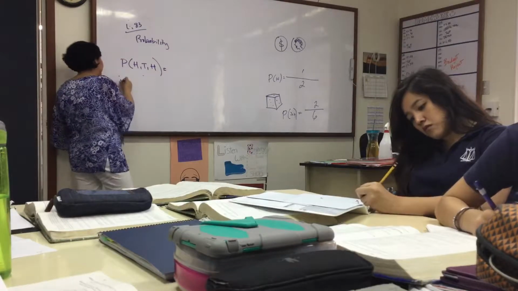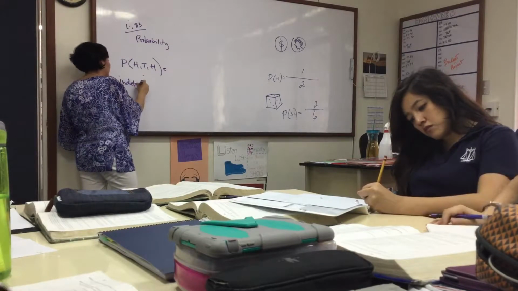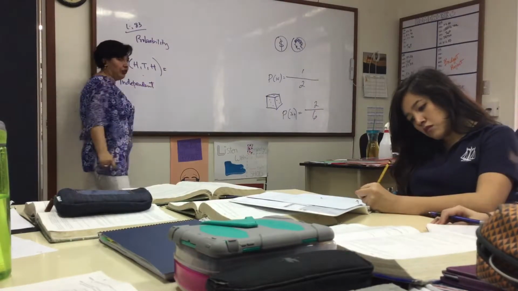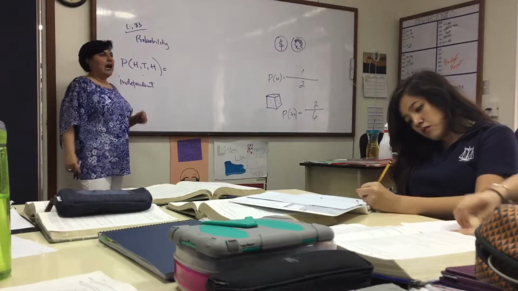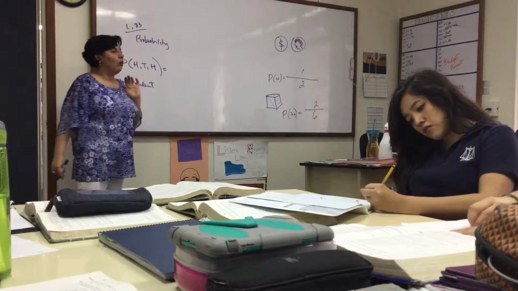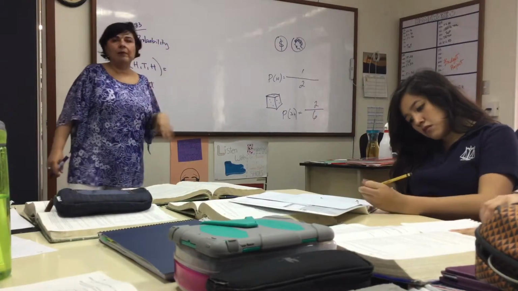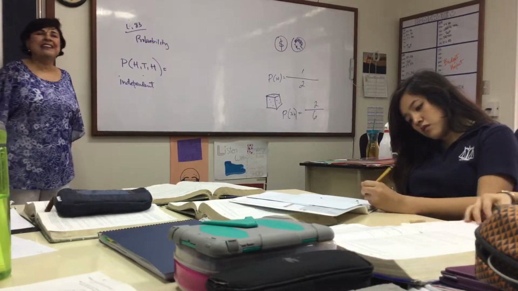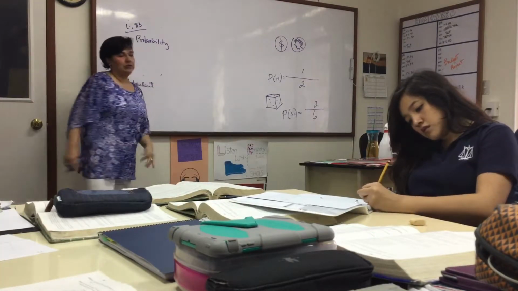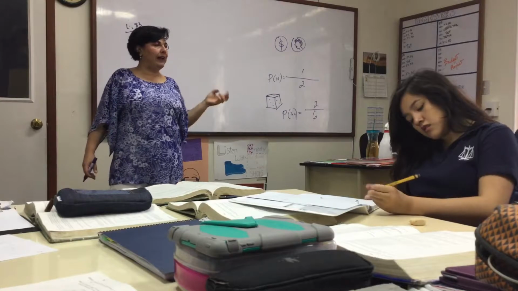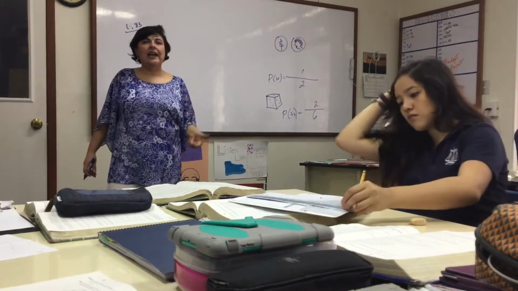If they are independent of each other, meaning I don't want it in this order, I just want 2 heads and a tail, is there going to be any difference if I tell you I threw my coin and I got a head?